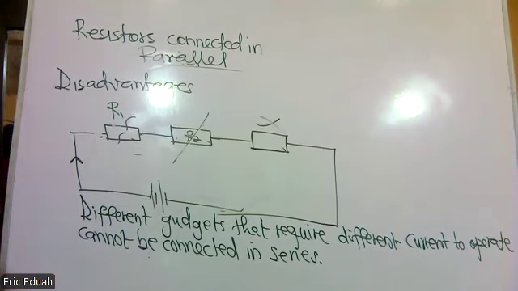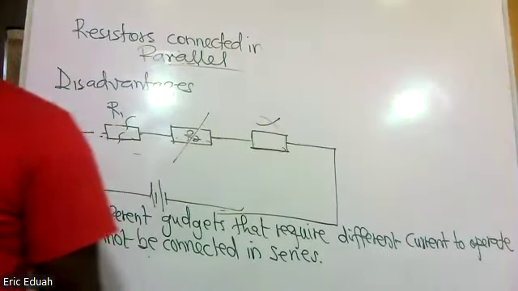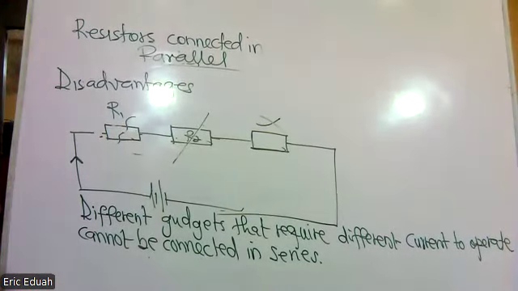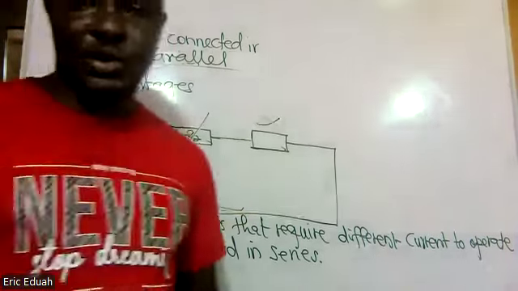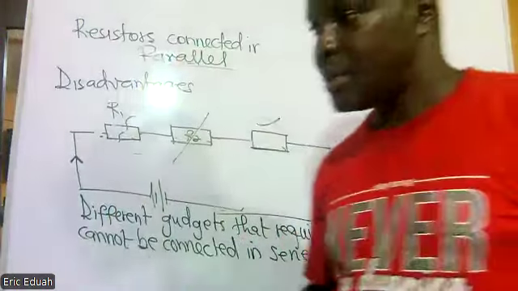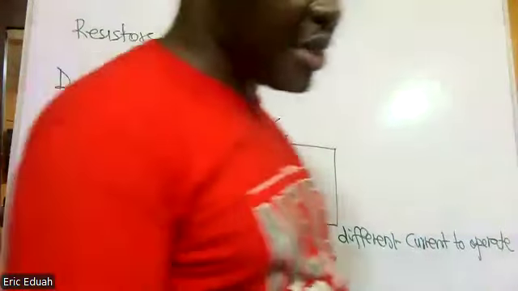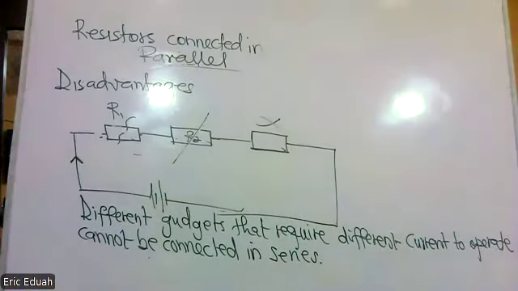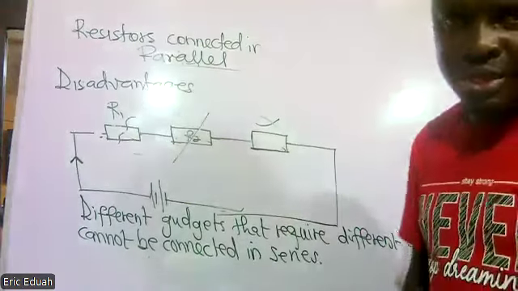We can't connect fridge, heater, air conditioning in series. This is because the fridge, heater, kettle, or the air conditioner, AC, will require different currents for them to operate.